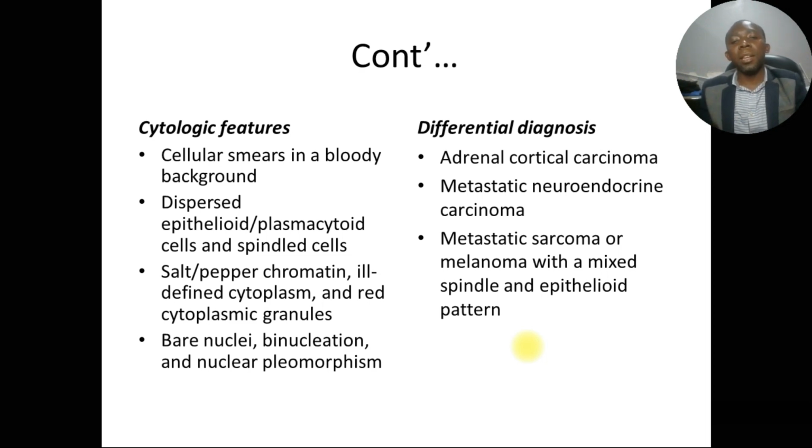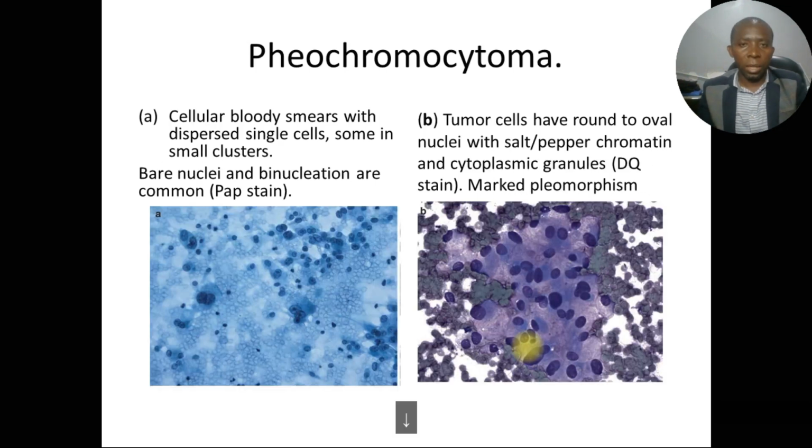Still, we shall have bare nuclei, which will appear with binucleation sometimes, and nuclear polymorphism. Differential diagnosis should point at adrenal cortical carcinoma, metastatic neuroendocrine carcinoma, metastatic sarcoma or melanoma with a mixed spindle and epithelioid pattern.